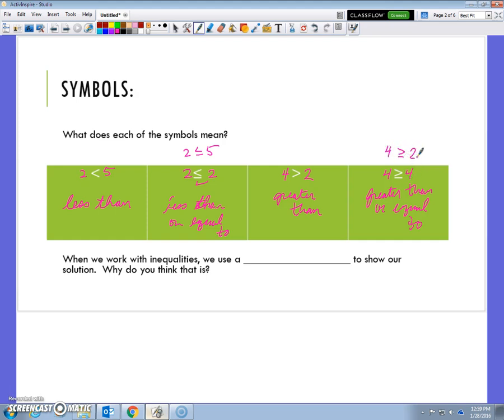That would be true as well. So the only difference between a less than and a less than or equal to is that 2 is not less than 2, but 2 is less than or equal to 2. So that wouldn't work for this one, but it would work for this one. Same way here, 4 is greater than 2, and 4 is greater than or equal to 4, but 4 is not greater than 4. That wouldn't make sense. So that's the one difference. We include that one more number in the equal to.